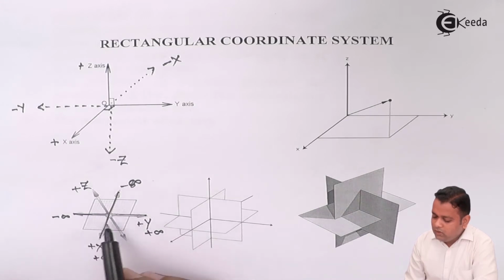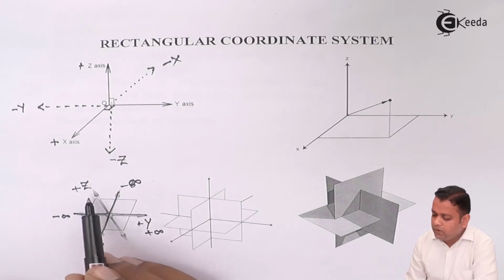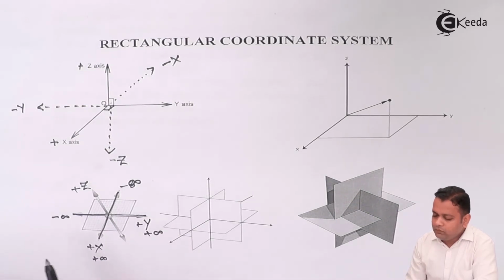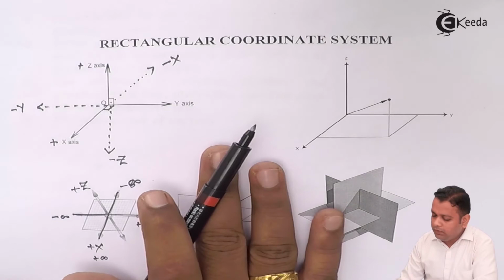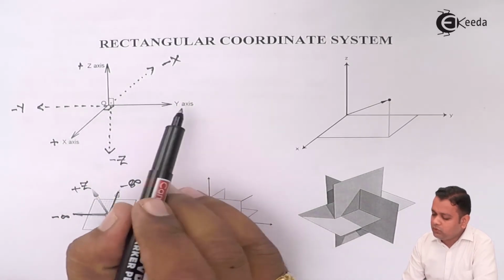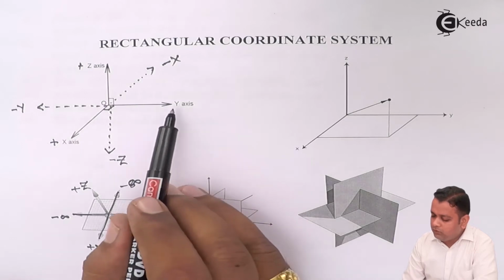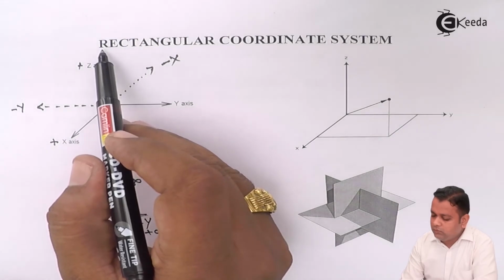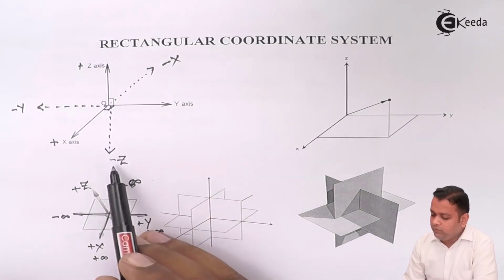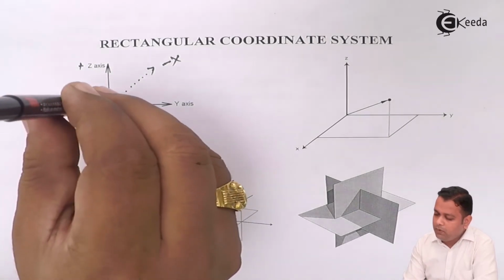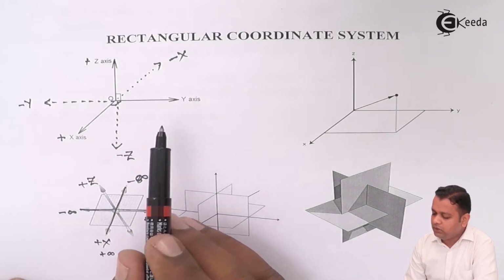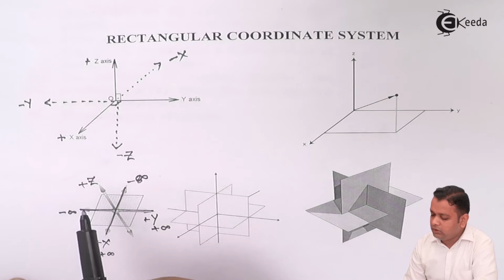So x-axis and y-axis form this plane, and z-axis is perpendicular to that plane. This plane you can consider a horizontal plane. So here, if you talk about the plane of the paper, y-axis is towards the right side of the plane of the paper in positive, negative towards the left, z-axis towards this one in positive, downwards negative. X-axis is actually perpendicular to the plane of the paper. So these are the three references mutually orthogonal or mutually perpendicular to each other.